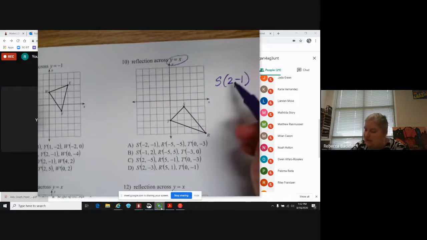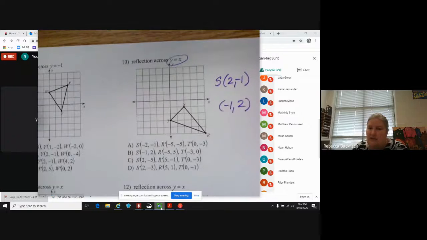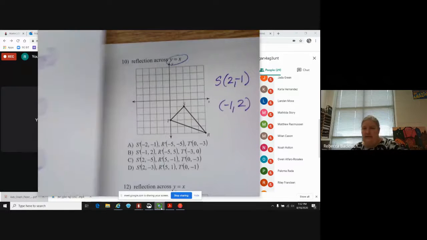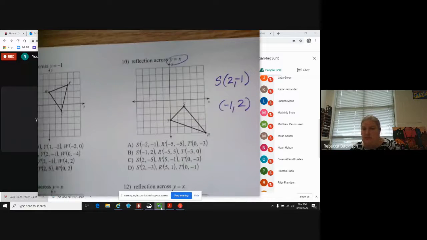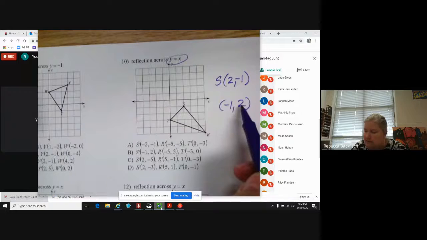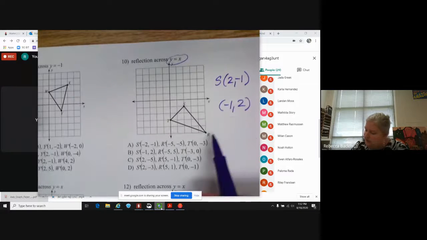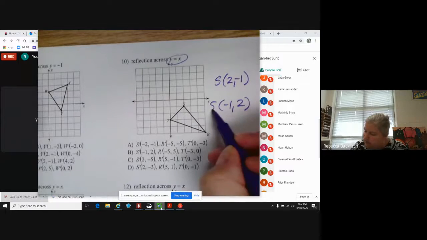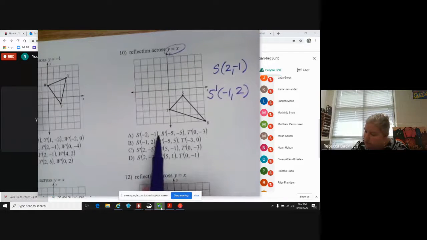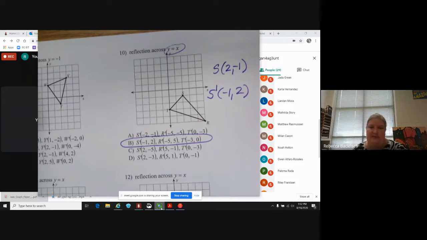So I'm just going to take these 2 numbers and trade spots. And when they trade, they take their sign with them. If there's not a negative in front of one of these, then you're not changing the sign. You're just putting the sign the way it was. The 1 was negative, the 2 is positive. They just pick up their suitcase with their sign in it and go to their new home. So -1, 2 is the S prime. There's only one of them that has that answer, so that must be the answer for all 3 points.